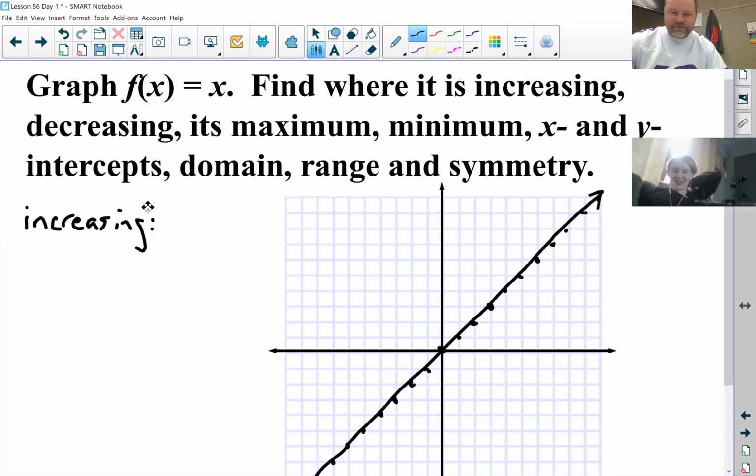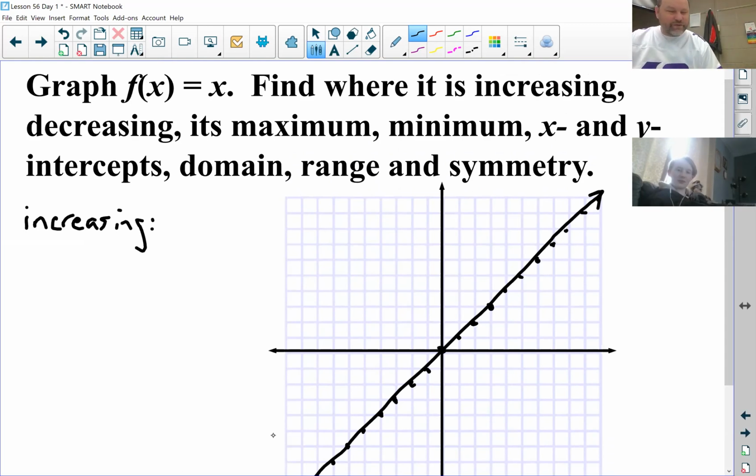It's increasing above the x-axis and decreasing below it. So remember, we're talking about going left to right. So as that graph goes left to right, does it ever decrease? Or is it always going up as we go from left to right? Oh, wow. Okay. It's always going up. Yeah. So that's a very common mistake, especially when we put that arrow at the end, and that may have been what, so it's going down, but it's going down as we go to the left.